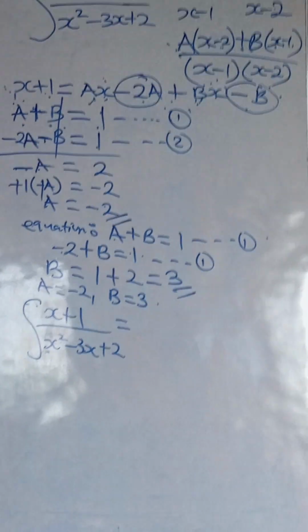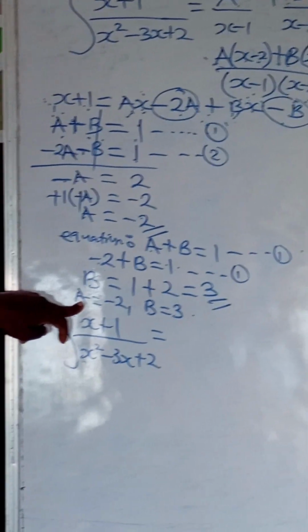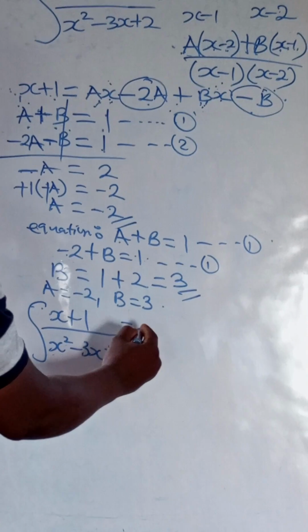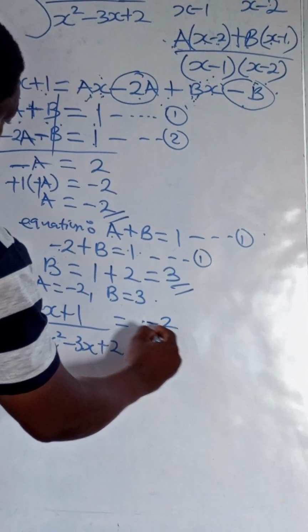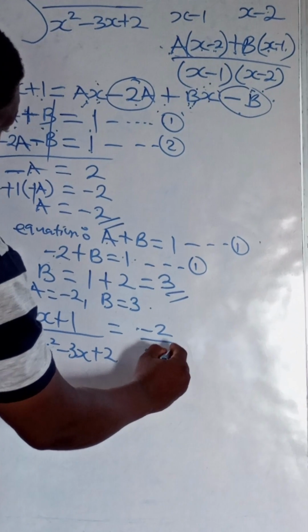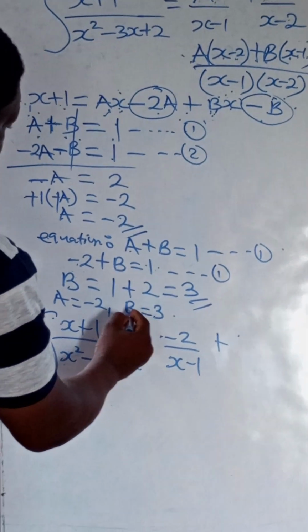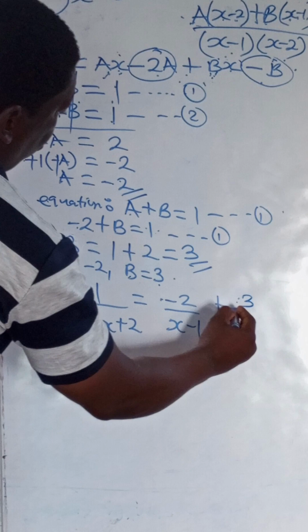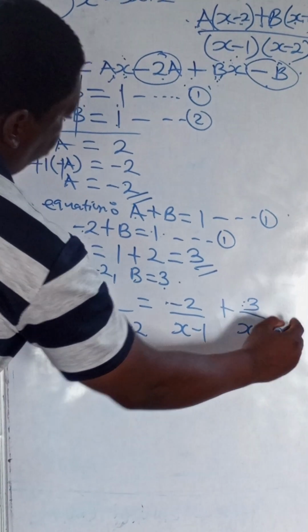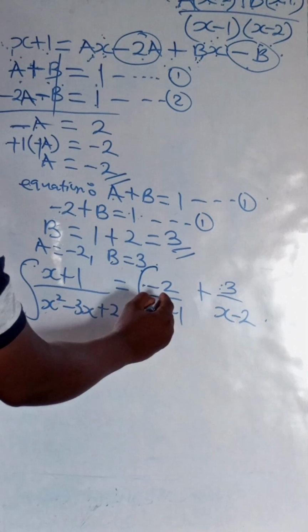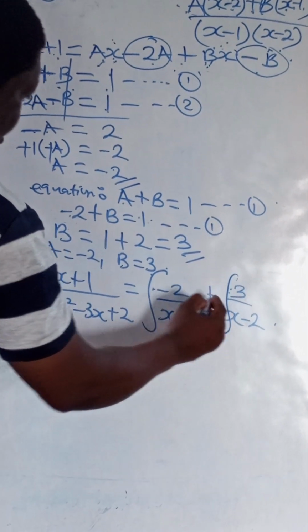Now the value of A is known, the value of B is also known. The value of A is minus 2 over x minus 1 plus the value of B is 3, that is 3 over x minus 2. Then I have this as the integral.